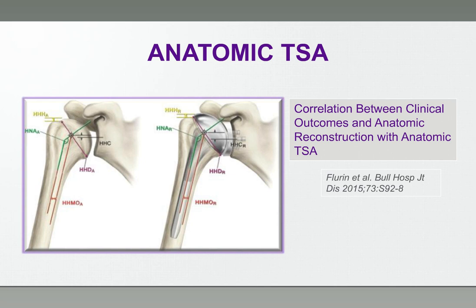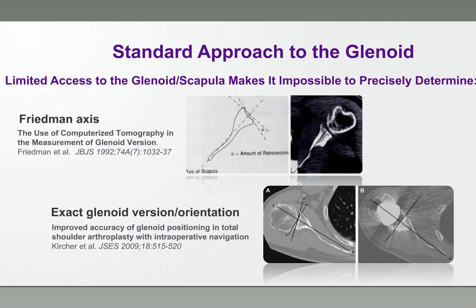Anatomic shoulder replacement has excellent results. You've already heard that from the other speakers, and there is a correlation between clinical outcomes and the ability to reproduce the anatomy. This is certainly true with anatomic replacement. Obviously, it's not as significant as with reverse replacement, but on the anatomic side, it's very important. And the real issue for me, and I think most surgeons, is the glenoid.